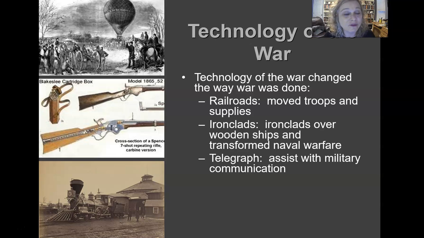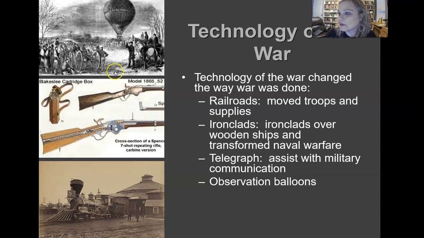The telegraph, which Lincoln was particularly obsessed with, would help with communication during the war. He would allegedly sit in the basement of the White House and listen to communication constantly, much to the chagrin of his wife, unfortunately. And so he would control the war as much as possible through telegraph communications.